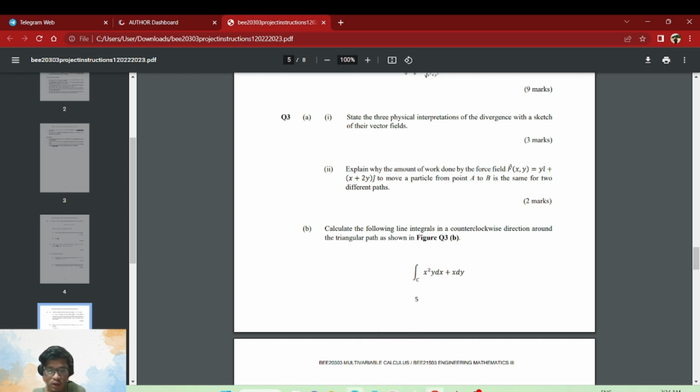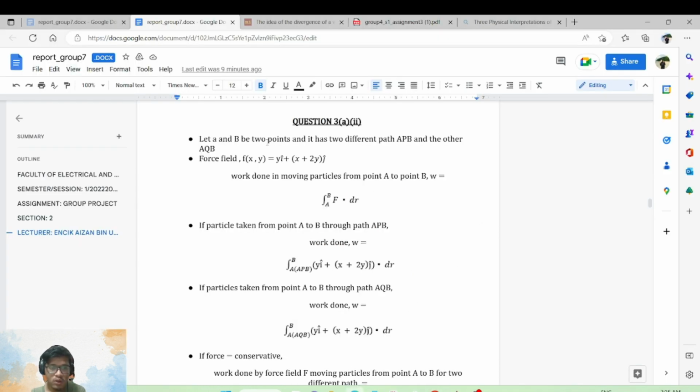So this is the answer for 3A2. The first: let A and B be two points with two different paths, APB and AQB. The second: the force field F(x,y) equal to y i plus (x plus 2y) j.